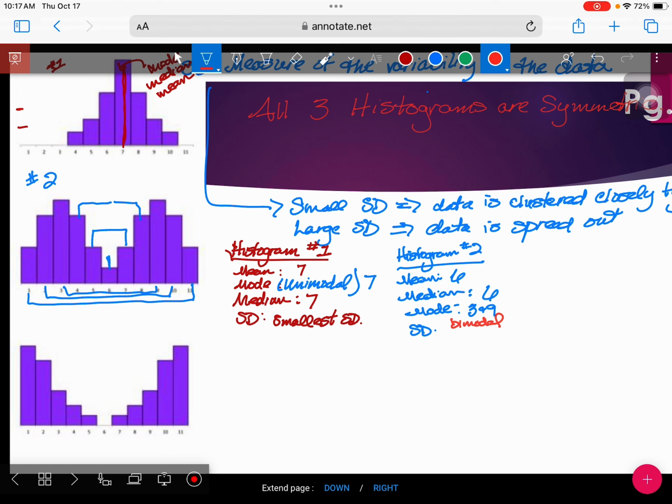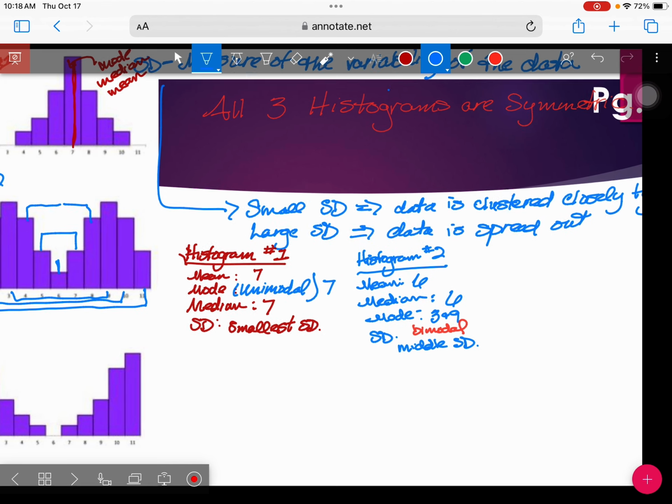I need to keep thinking about this. I am going to say this one has the middle amount of standard deviation. Okay? Middle amount of standard deviation.